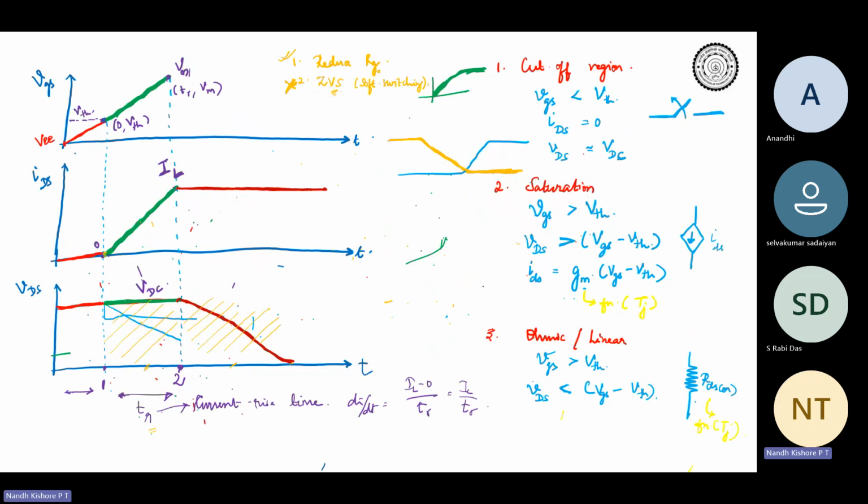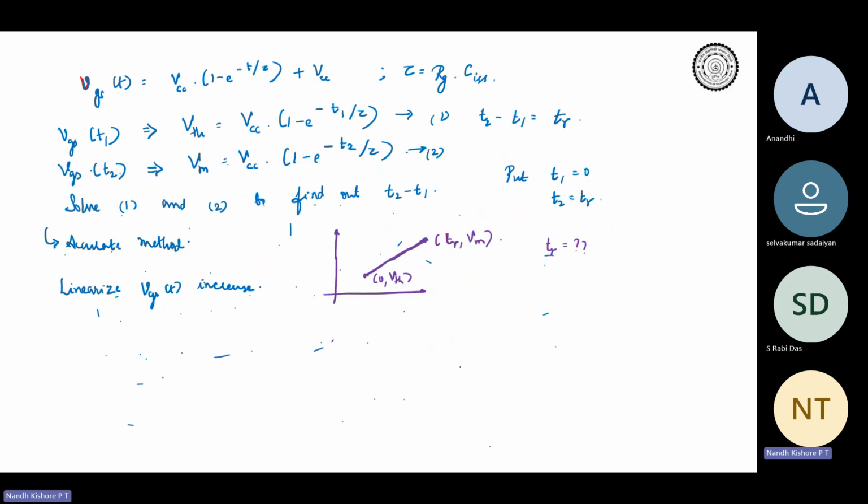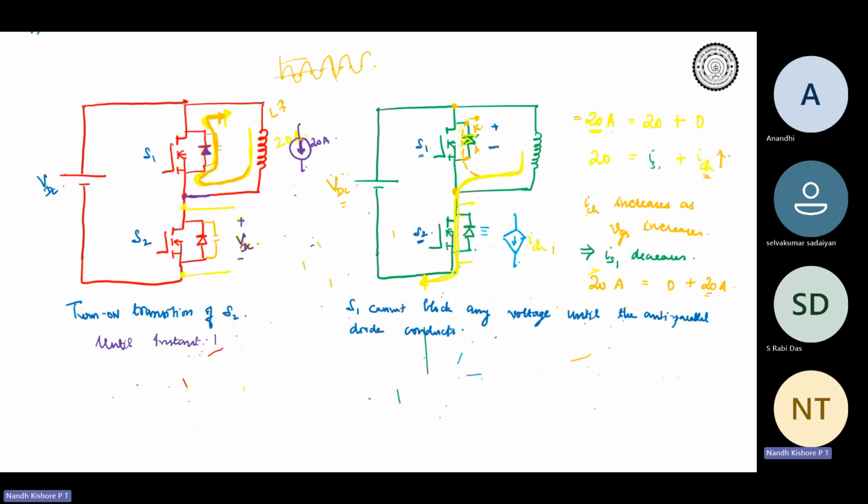So till this point, is it fine? Based on these two equations, if you solve, you can get your TR. I'm not solving it in the interest of time.